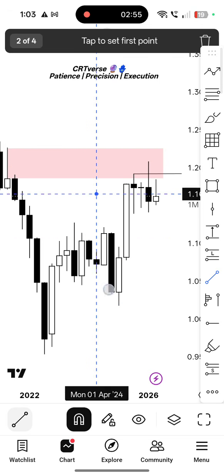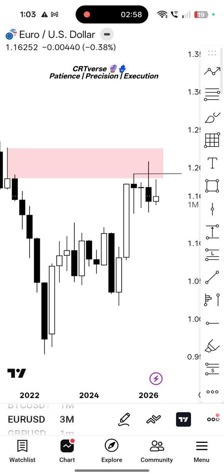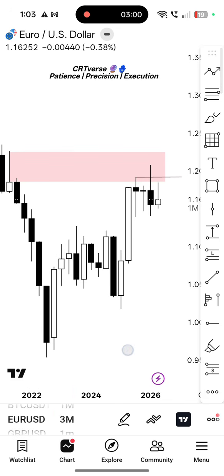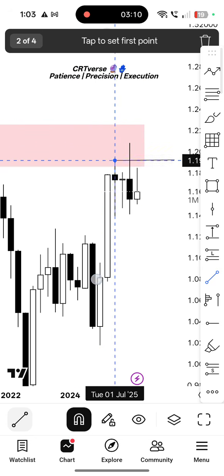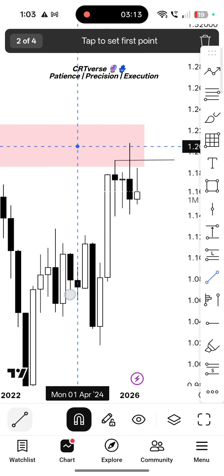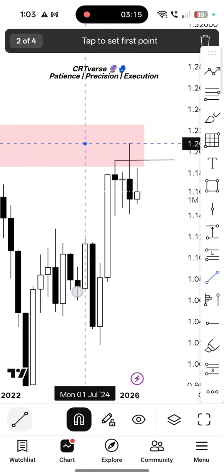This is the 3 month time frame, guys, so pay attention. Now what we have to see: the price rejected from this key level, but that doesn't mean it will go down just because the price hit the key level. What we have to look at inside the key level is liquidity pools.